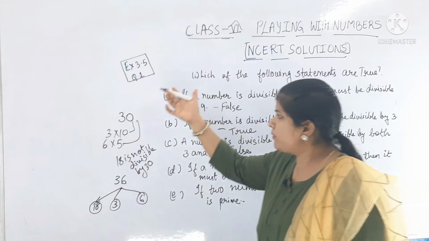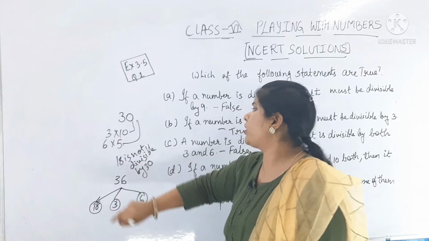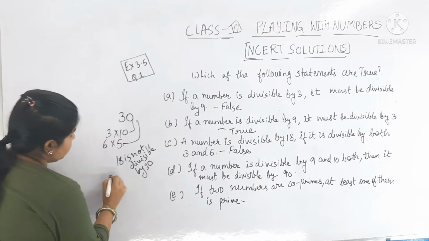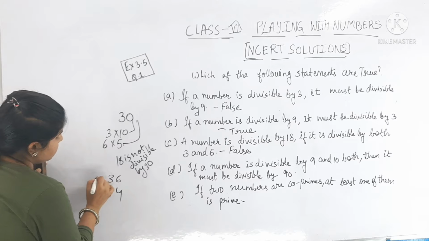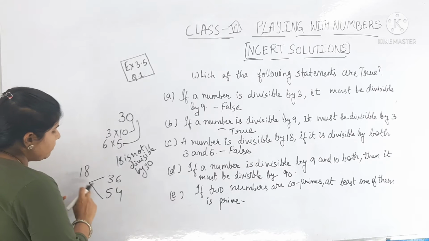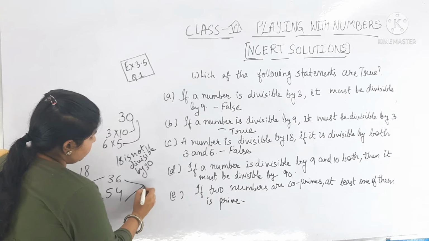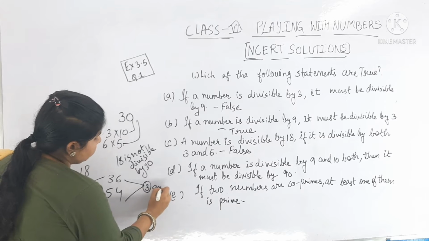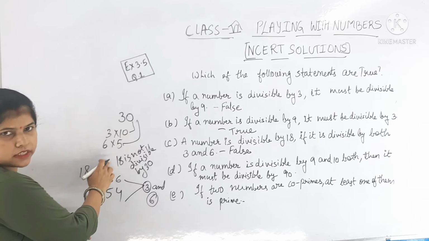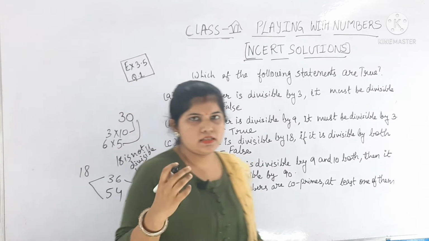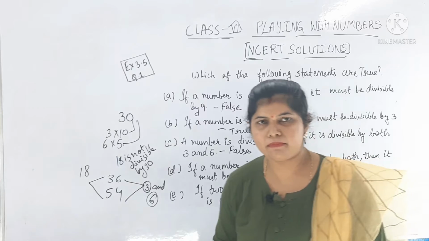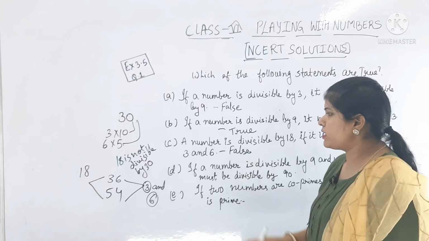But if a number is divisible by 3 and 6, meaning it is a multiple of 3 and 6, it may or may not be divisible by 18. So it is not essential that it is divisible by 18. So this statement is false.